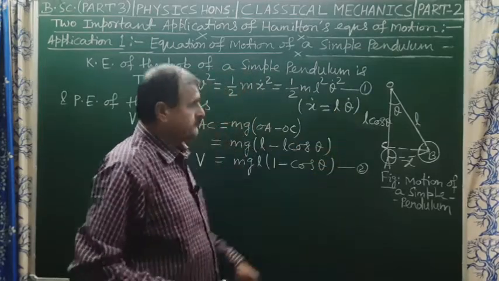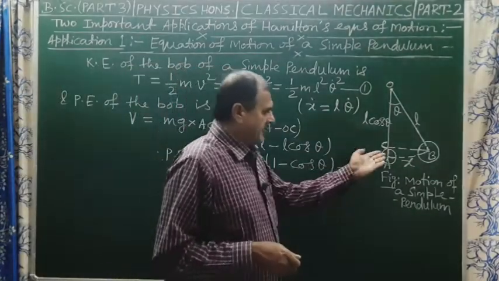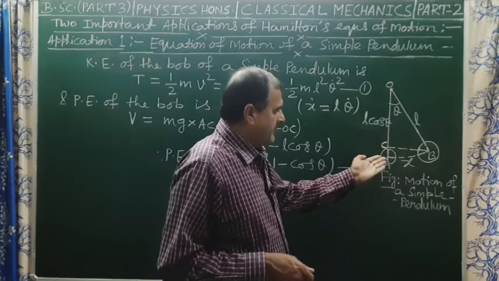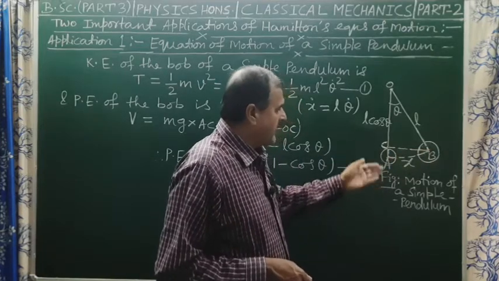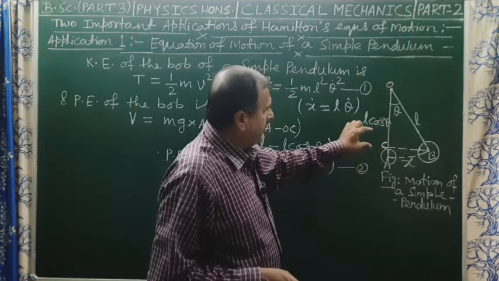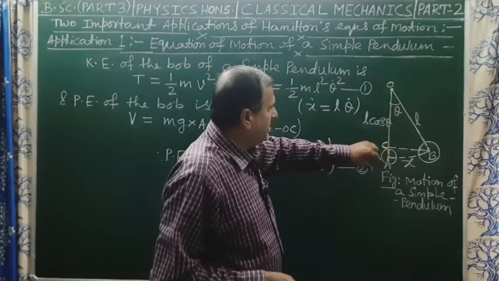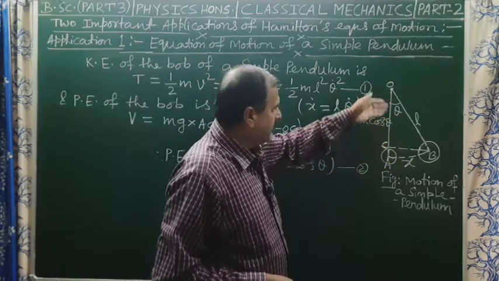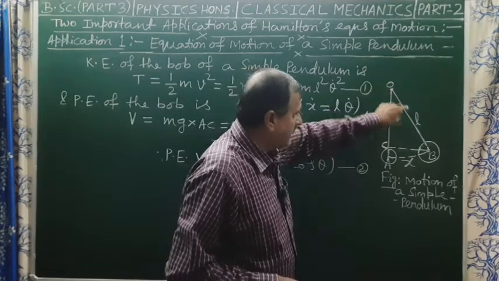From the geometry of the figure, the potential energy of the bob is V equal to mg into AC, because AC is the height through which the center of the bob is raised from its equilibrium position A to the new position B. And AC we can write as OA minus OC, and OC is L cos theta, because in this triangle cos theta is equal to base OC upon hypotenuse OB.